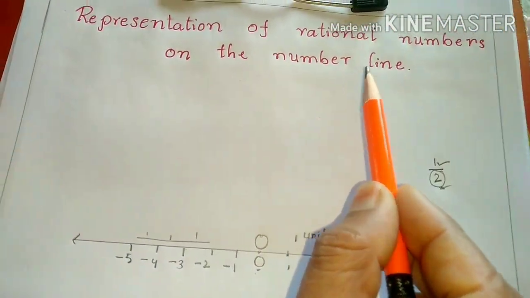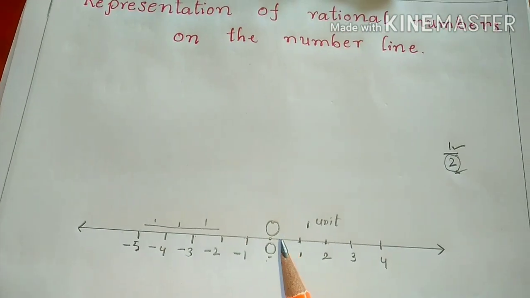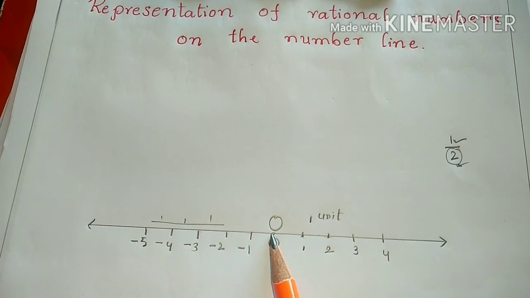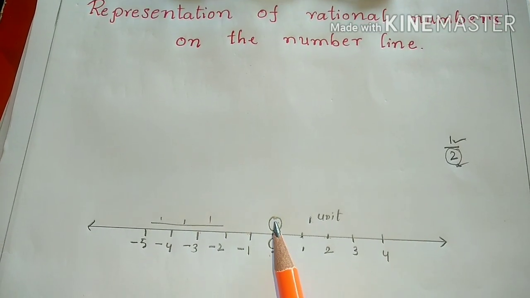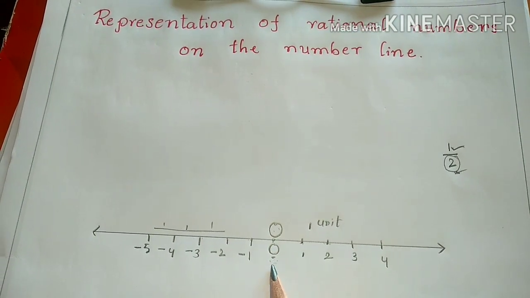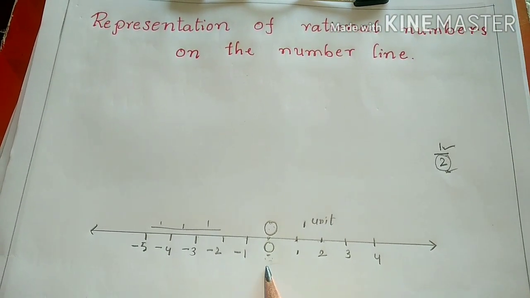So first you have to take a scale and draw a line. Mark a point O on it, which represents 0.